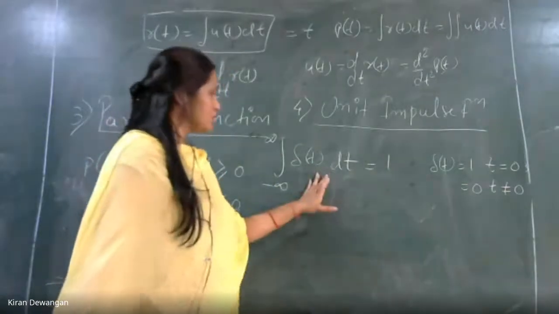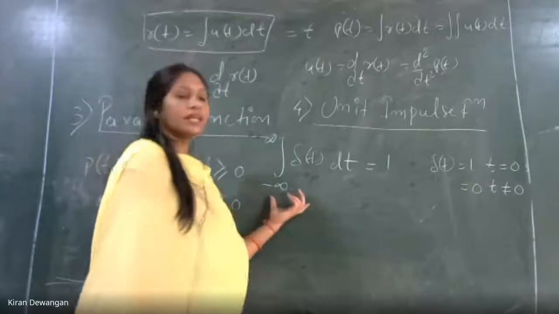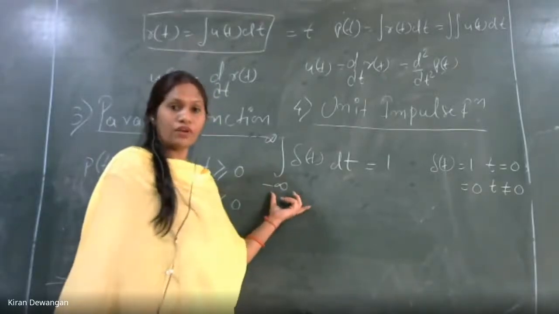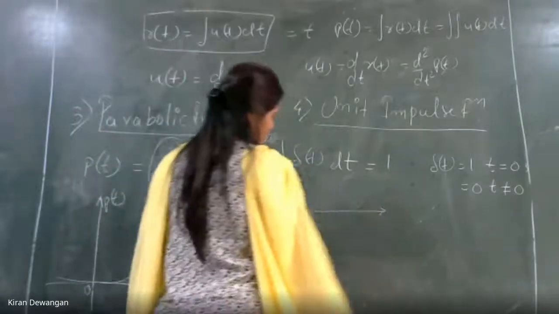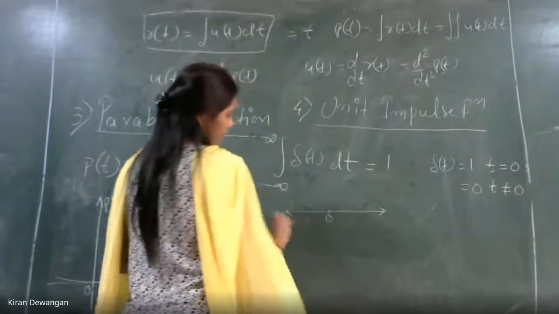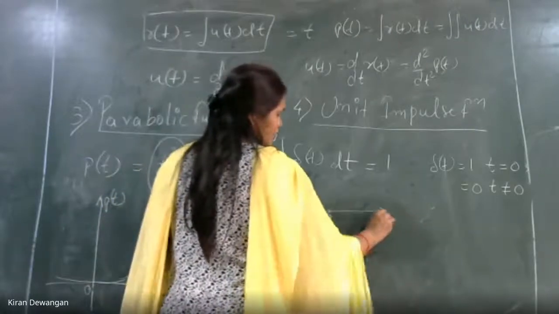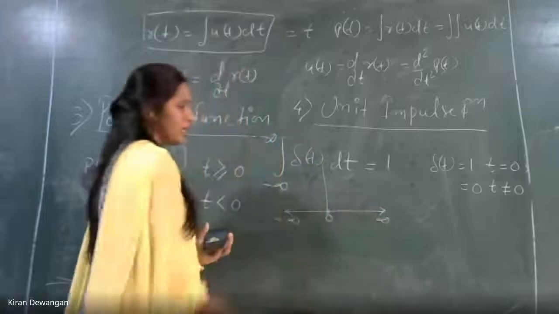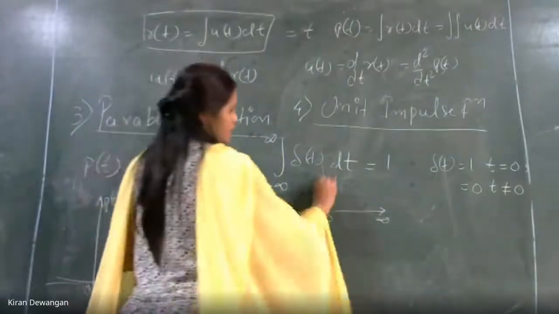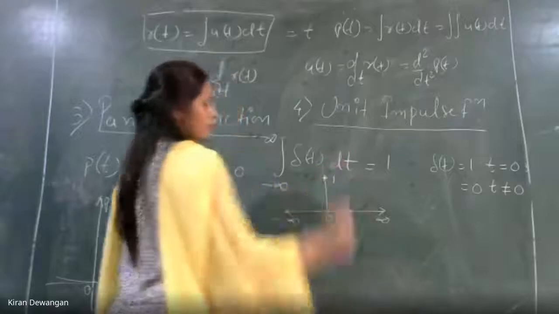Now this is what it means, that it is the area under the curve of the function. If I take the area under the curve of the function, this is the 0 point. From minus infinity to plus infinity, we have the function only at this point and this value is just 1.